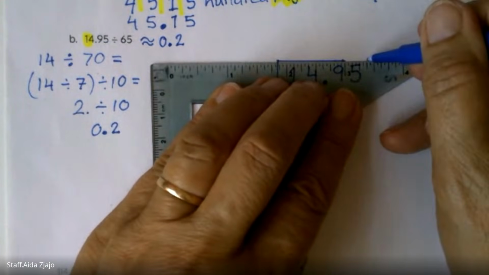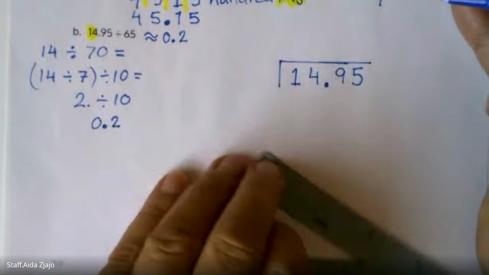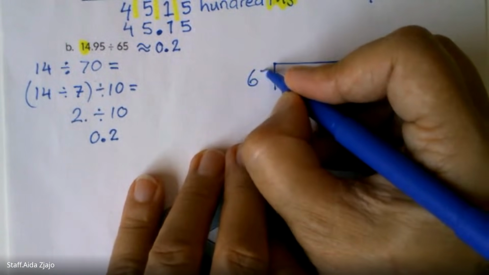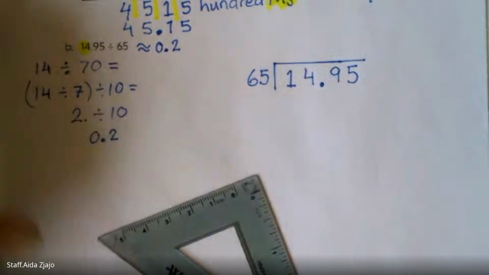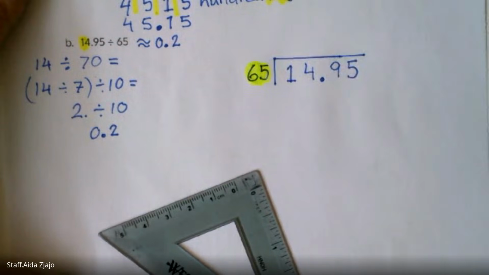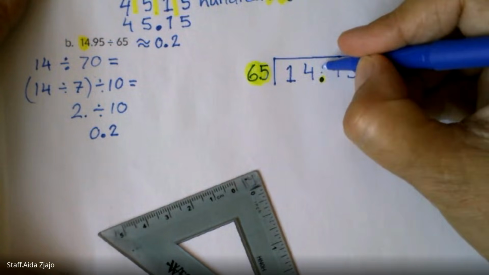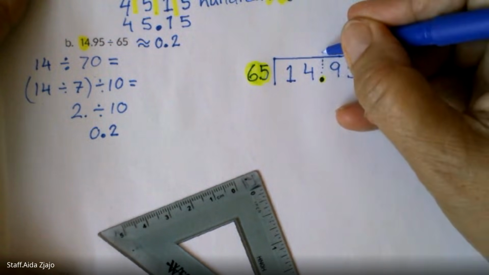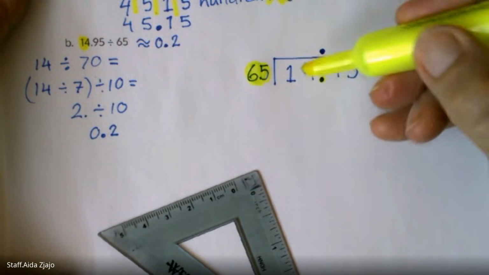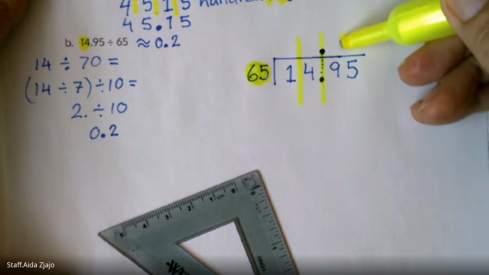I love my triangular rulers because they're really good tools to work with precision. Okay, so my group is 65. And my decimal is right here, so I'm going to put it right there in my answer. I'm going to draw a line with my highlighter.